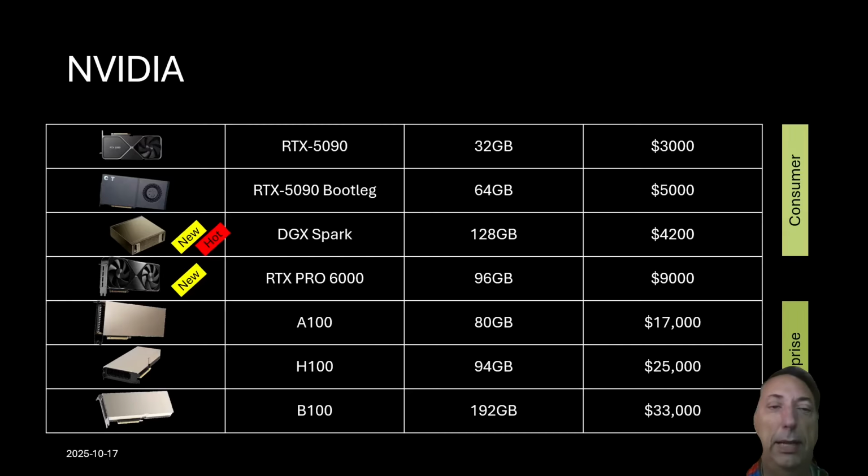So drilling down into NVIDIA, ignore these two new ones for the moment, and even ignore this bootleg one. You can see NVIDIA was intentionally creating this chasm between consumer products at $3,000 versus their enterprise products at $30,000.